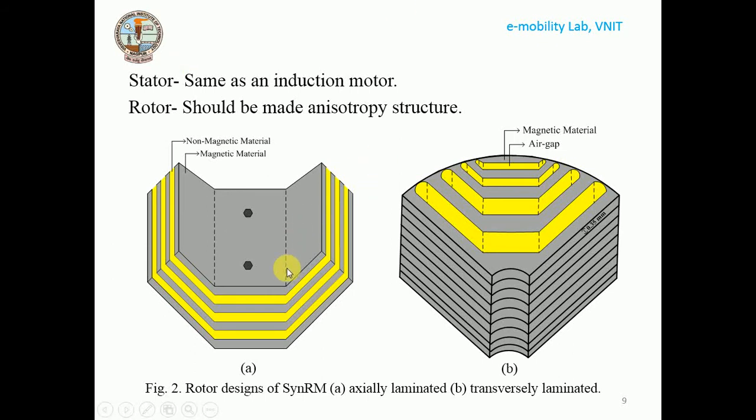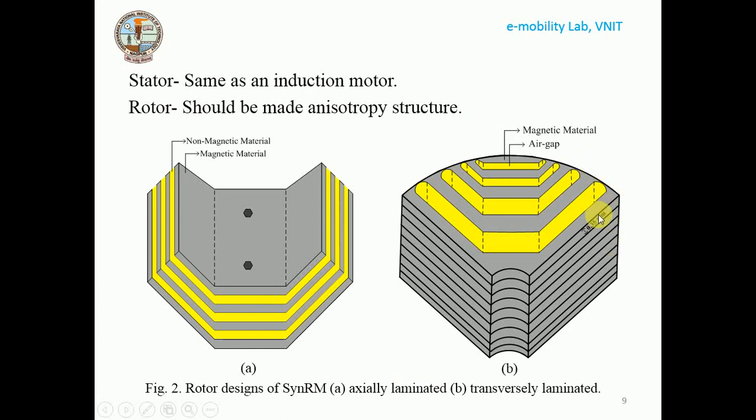I will tell you what the saliency ratio is. But the problem is in the manufacturing. It is a very complicated process because each lamination has to be sandwiched between a non-magnetic material, generally paper or epoxy or something else. Because of this it is not very popular and people lost their interest in this machine.